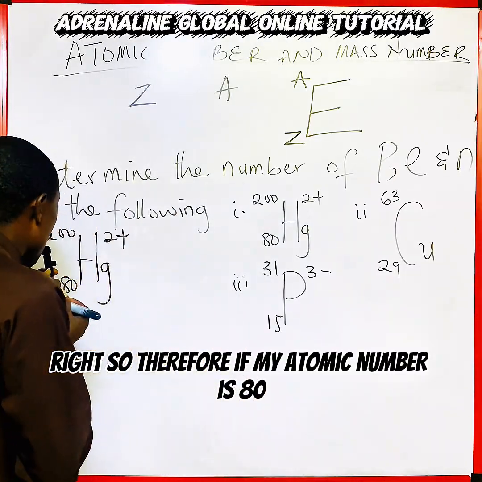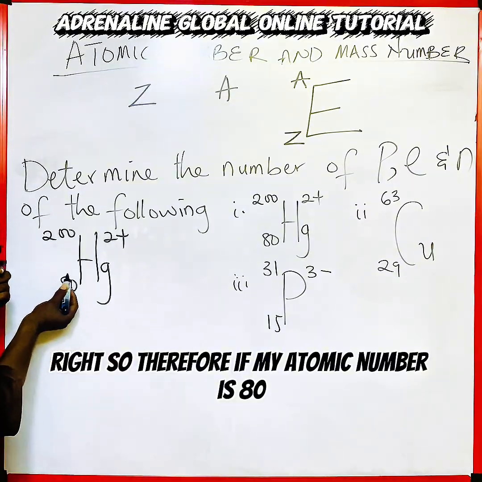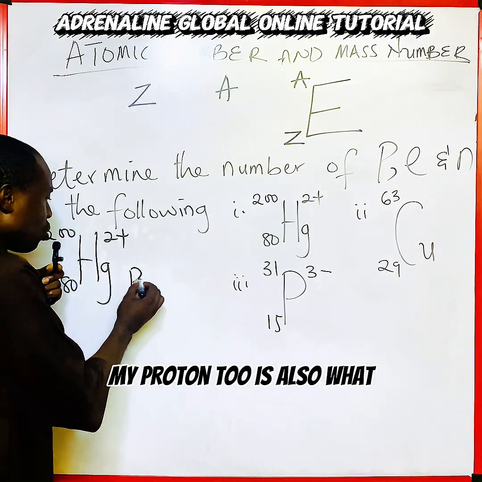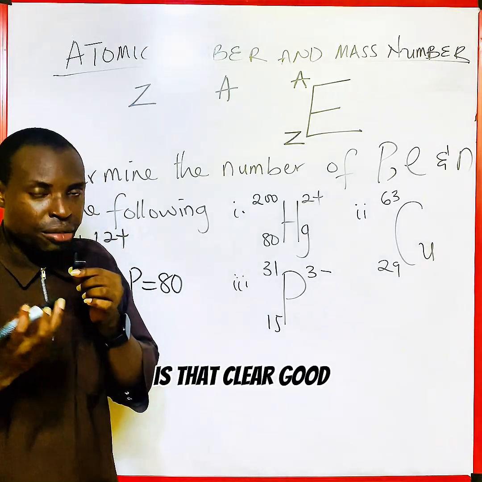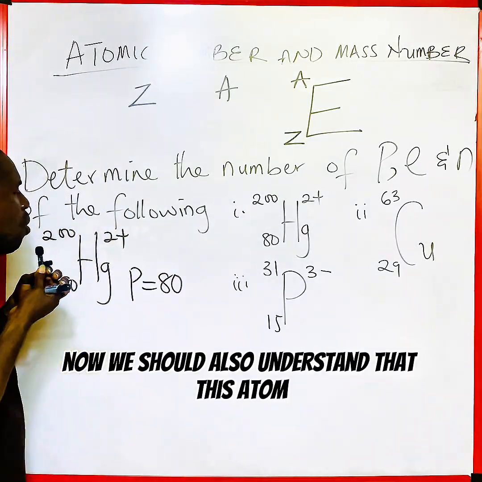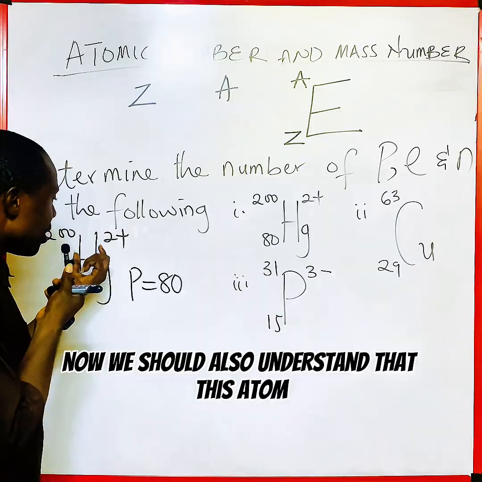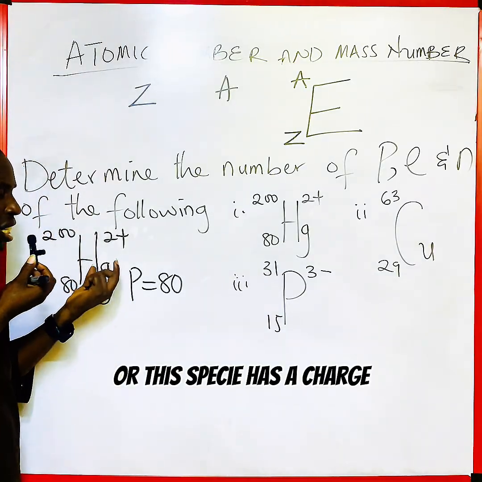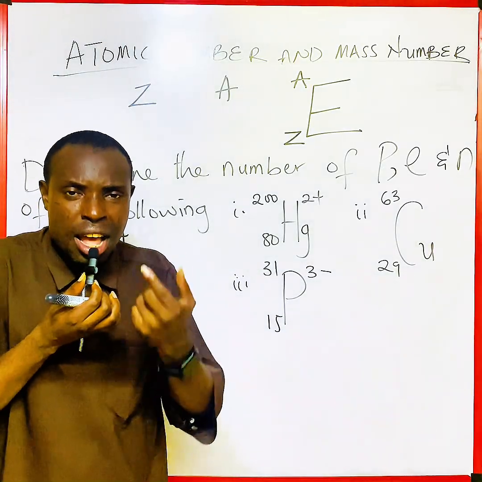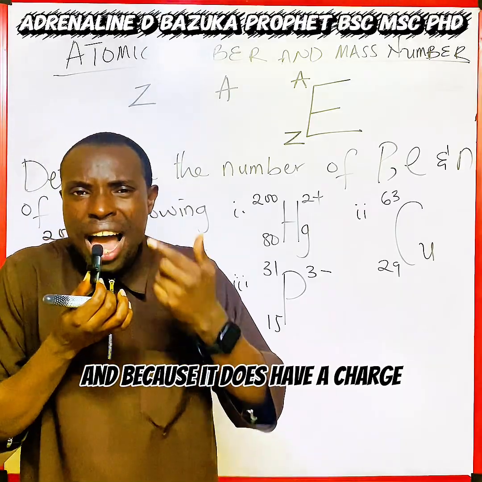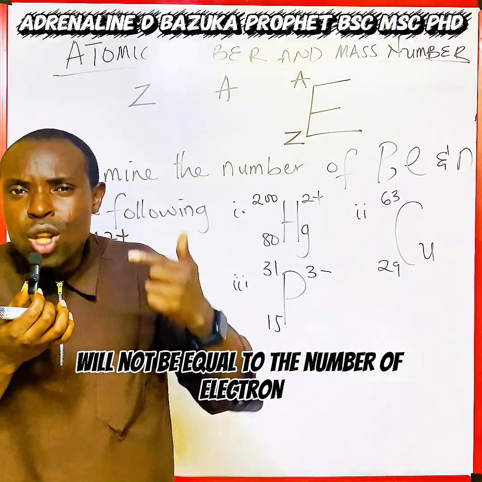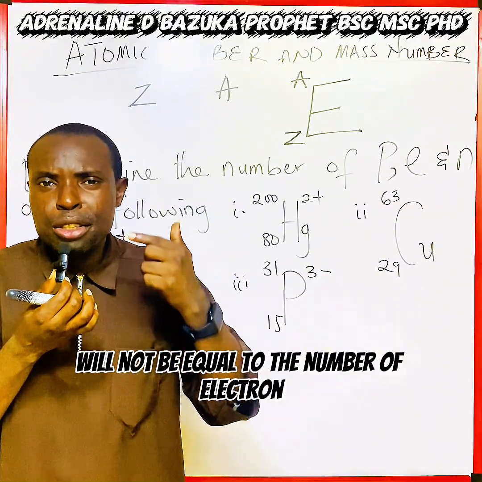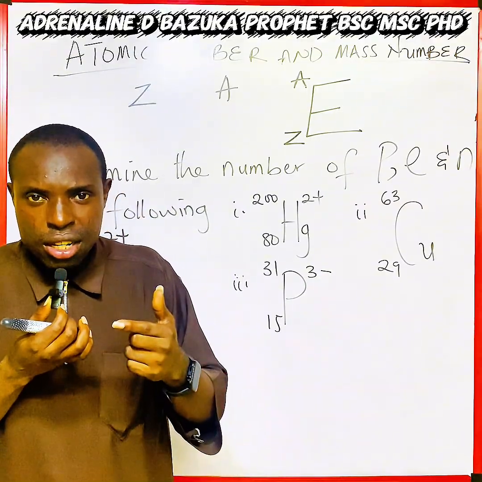So if my atomic number is 80, my proton is also 80. Is that clear? Good. This species has a charge, and because it does have a charge, the number of protons will not be equal to the number of electrons.